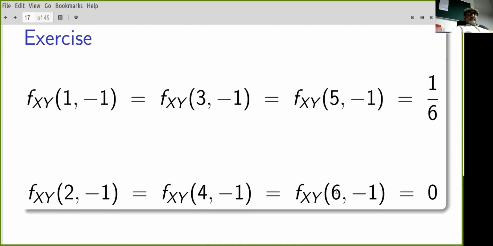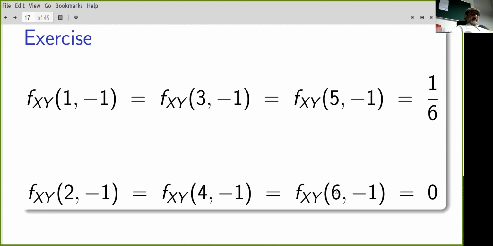We've done enough cases using the same reasoning. We should be able to show that the joint PMF for X equals 1 and Y equals -1, or X equals 3 and Y equals -1, or X equals 5 and Y equals -1, are all 1/6.